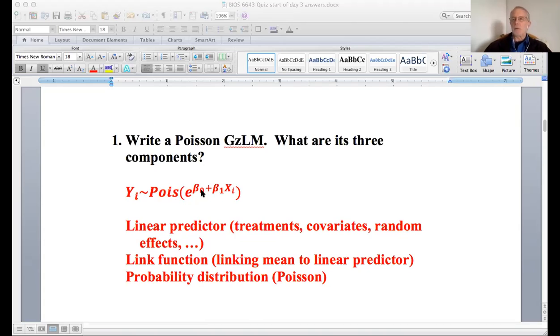So for a Poisson, how do we interpret the betas? How do you use the betas in a sentence? Relative change.